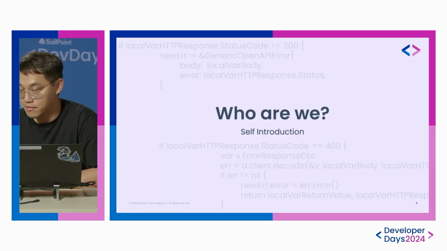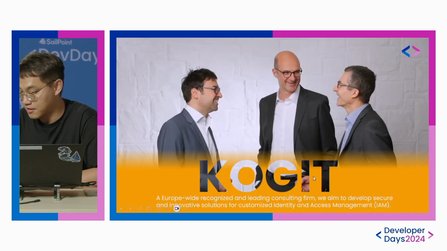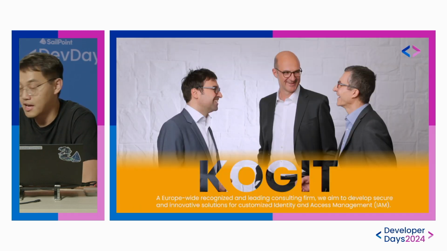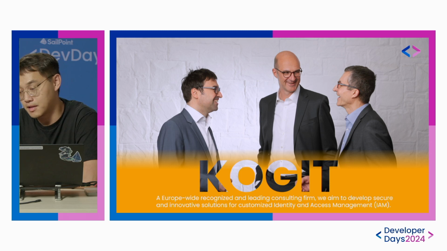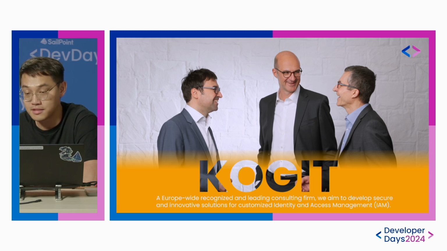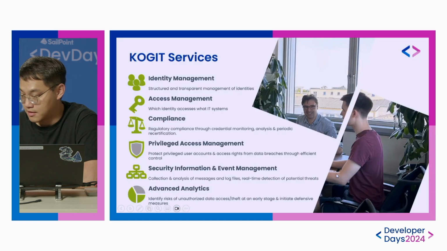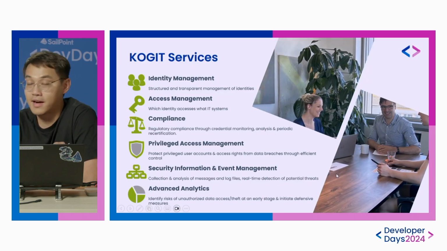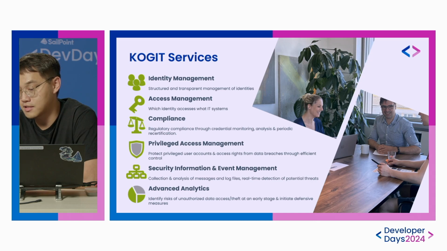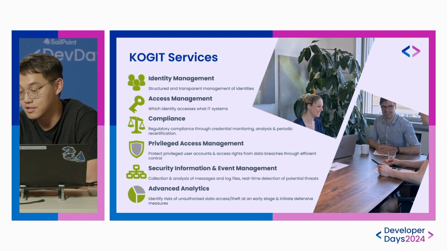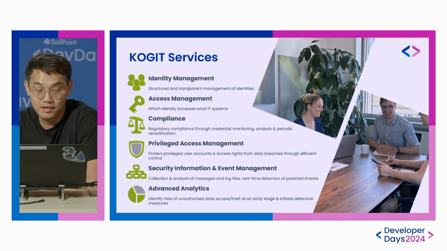And who are we? We are Colgate, a German company based in Europe, specialized in identity and access management. In addition, we also provide other solutions and consultancies, such as PAM and role analytics.